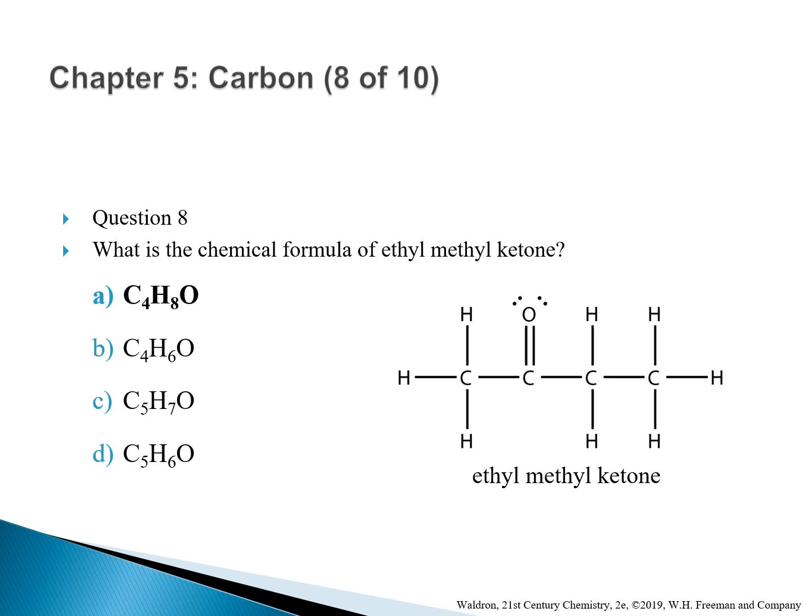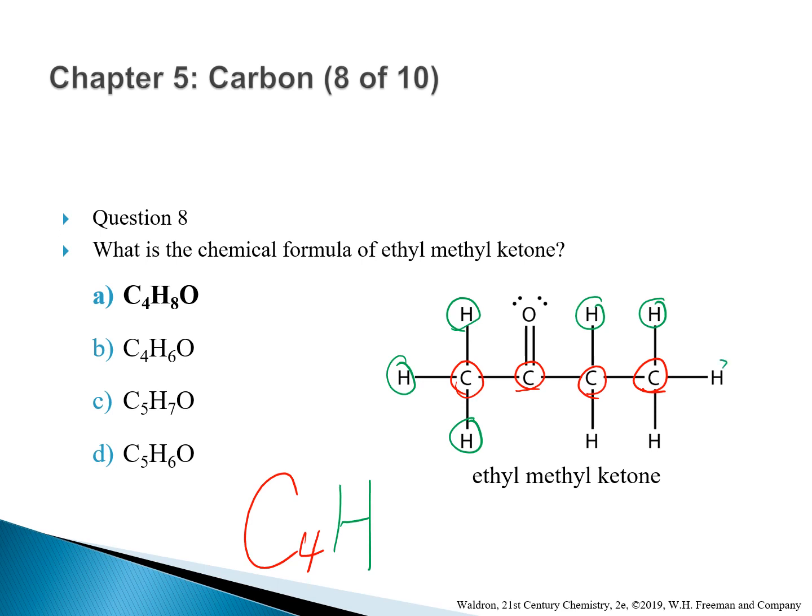So we're first going to begin with carbon. I'm going to write the symbol C for carbon. There are 1, 2, 3, 4 of them, so I'm putting 4 as the subscript. Next, I'm just going to use a green color for hydrogen. Let's count the number of hydrogens: 1, 2, 3, 4, 5, 6, 7, and 8.